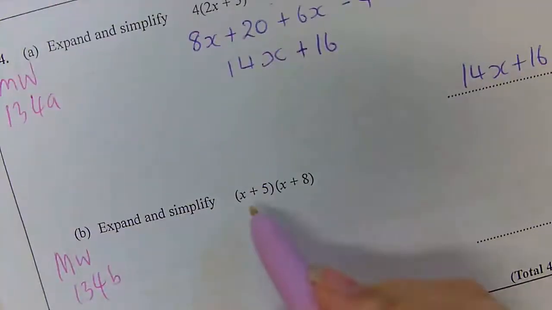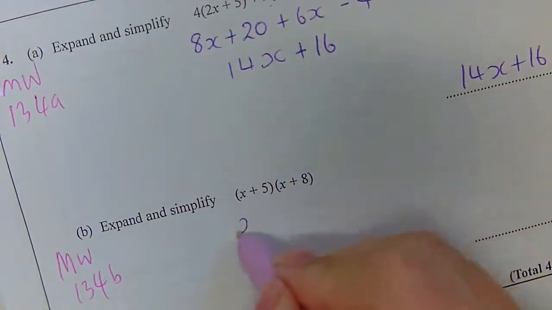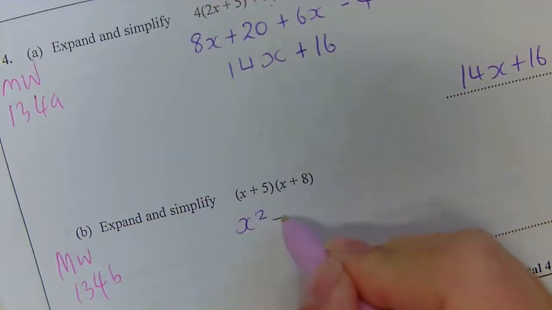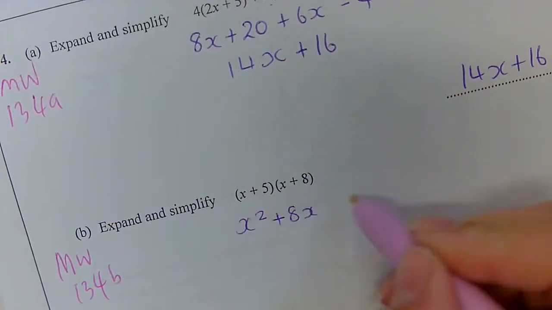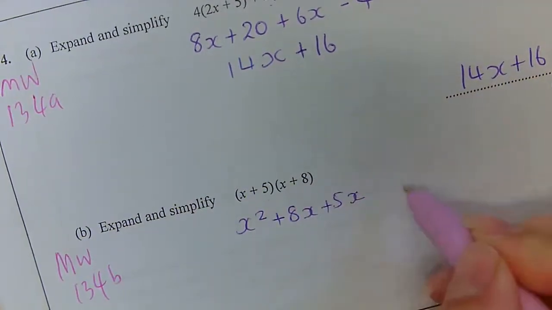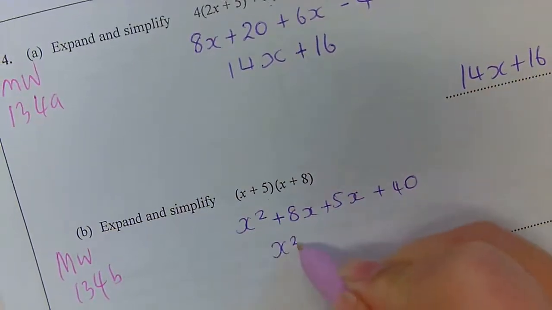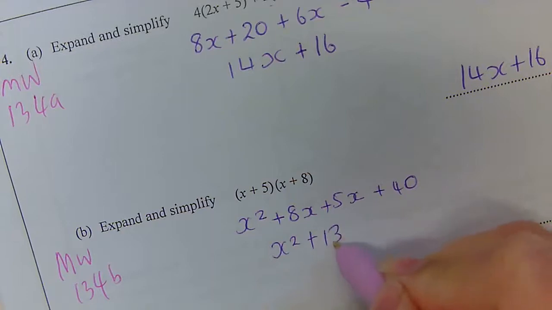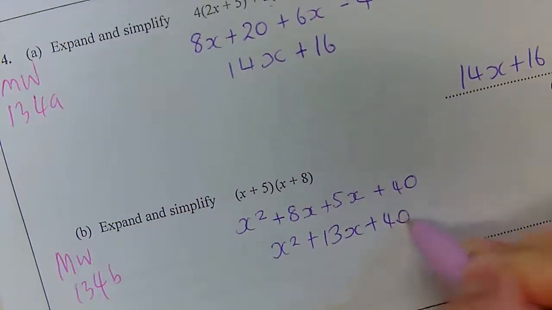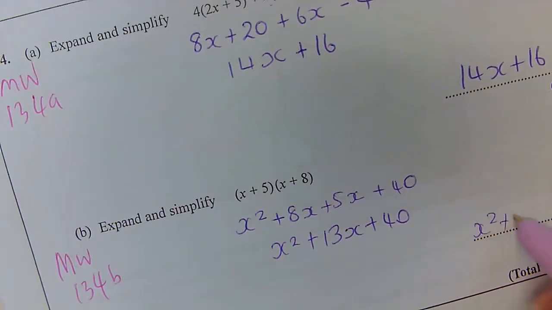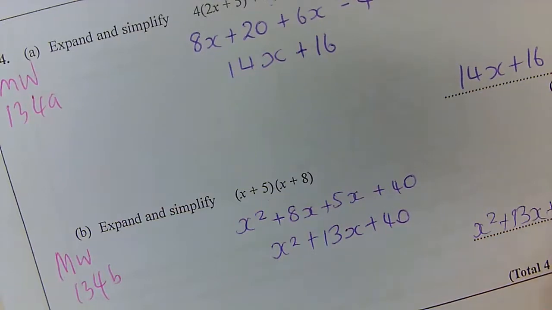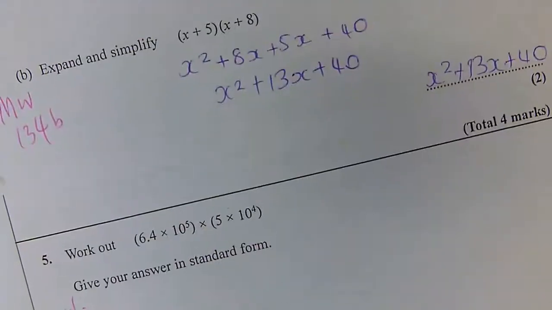So next thing, expand and simplify. x times x is x squared. x times 8 is 8x. 5 times x is 5x. Use your window method if you prefer. Plus 40. So x squared plus 13x plus 40.